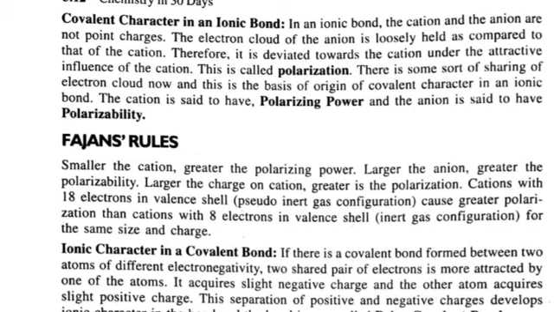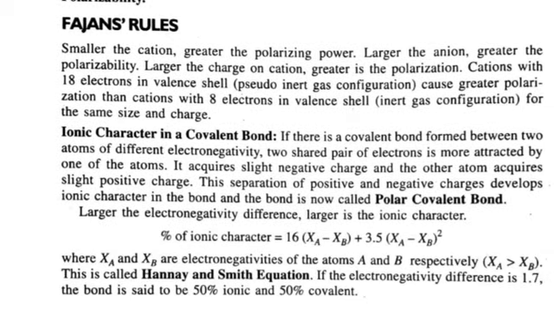If you want to calculate the percentage ionic character, there is a formula: percentage ionic character is equal to 16 into (xa minus xb) plus 3.5 into (xa minus xb) whole square, where xa and xb are the electronegativities of atoms A and B respectively. But remember, the electronegativity of the first atom should be greater than the second atom.